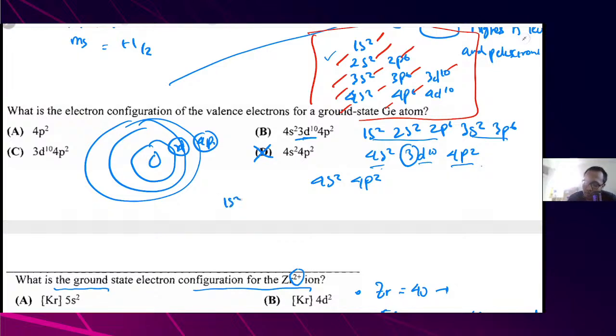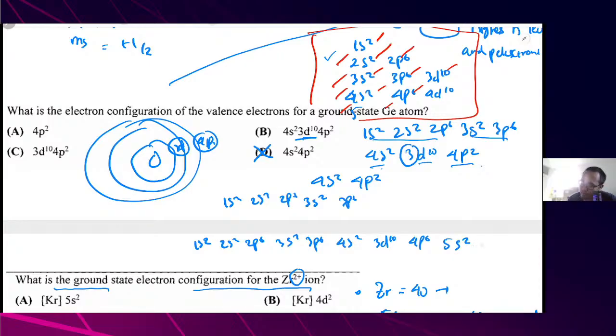So 1s2, 2s2, 2p6, 3s2, 3p6, 4s2, 3d10, which totals 30 electrons so far. Then 4p6, then 5s2, and then 4d.